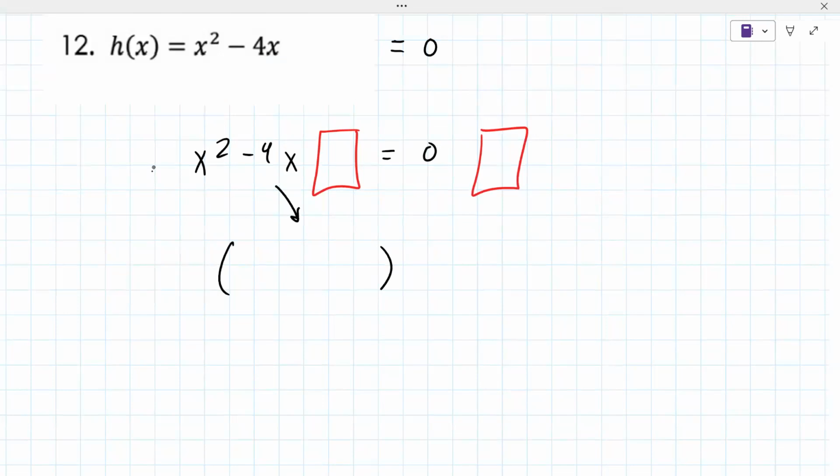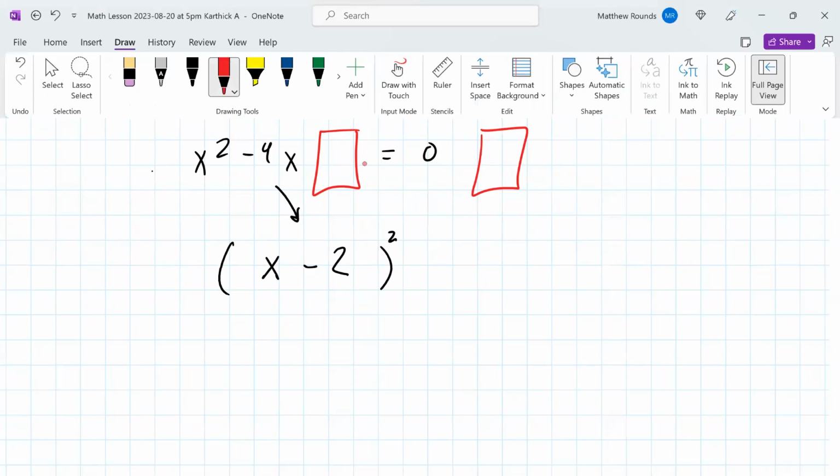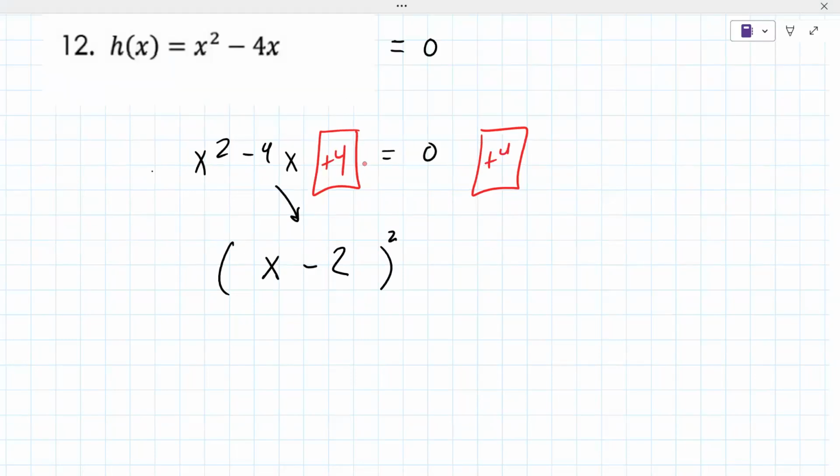So you just take half of -4, x minus 2, like that, squared. So that becomes plus 4, plus 4 because -2 squared is 4.